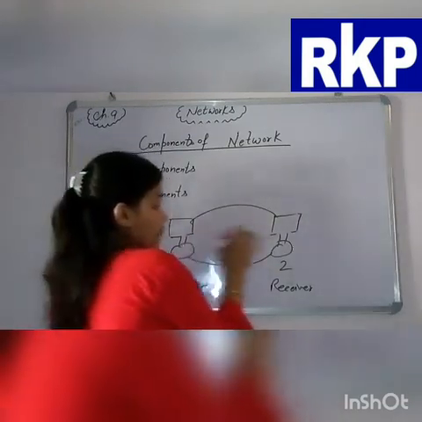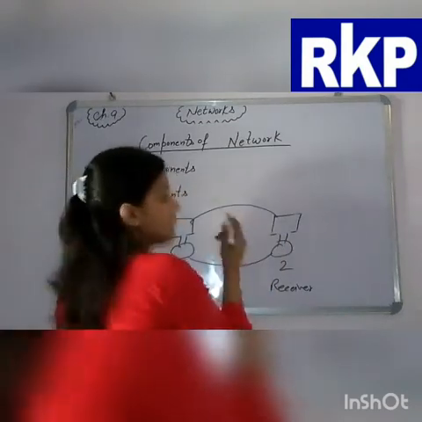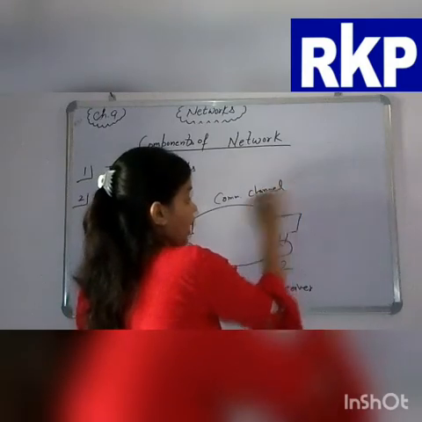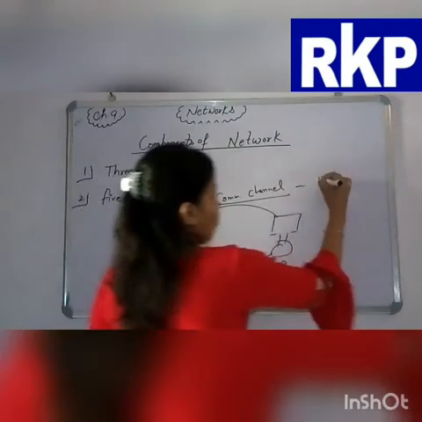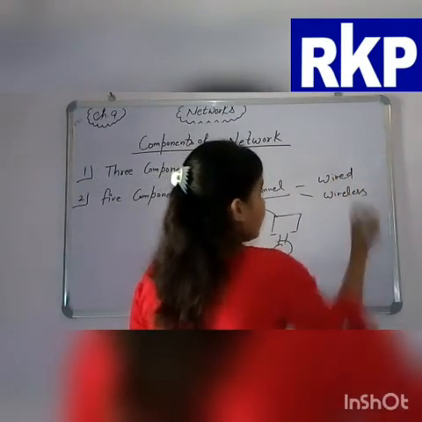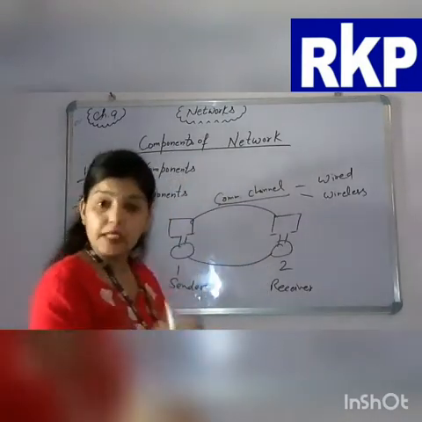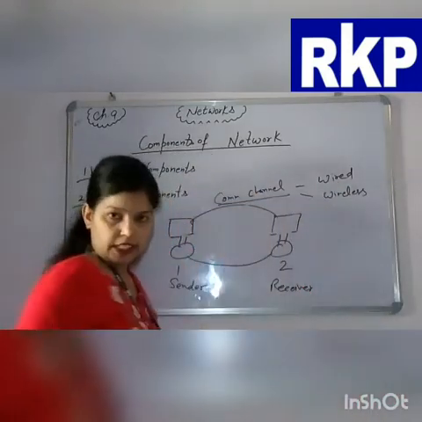So if you are connecting more than one computer to each other, you need a communication channel. And there are two types of communication channel: wired or wireless. Like you are connecting your computer with another computer using any cable or wire, so that is called a wired communication channel.